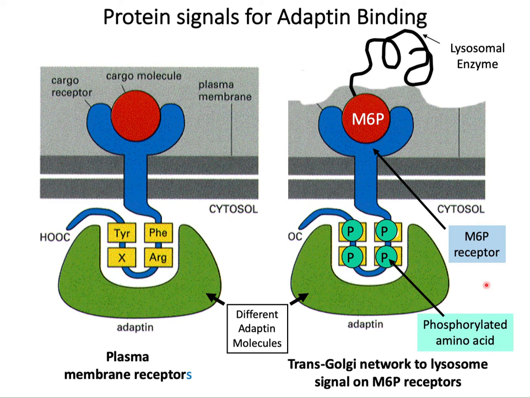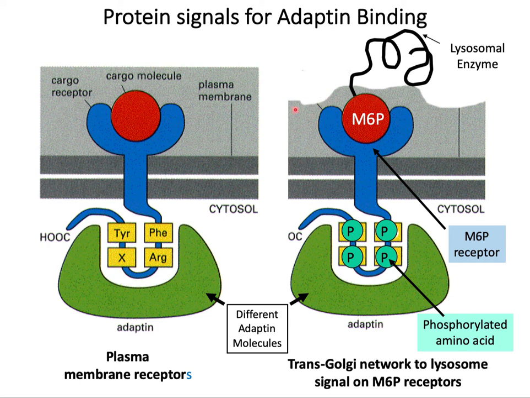At the trans-Golgi network, the clathrin-coated buds that are responsible for forming the transport vesicles that will move the lysosomal hydrolases to lysosomes are being shown here. Remember, the signal to move a lysosomal enzyme to a lysosome is that special modification, the mannose 6-phosphate modification, or M6P.